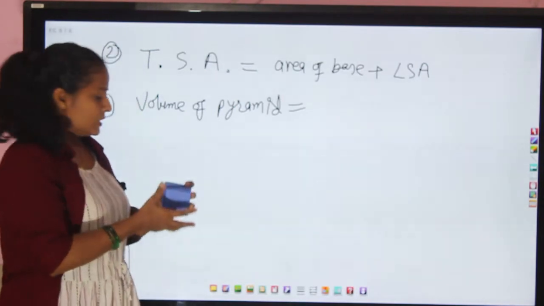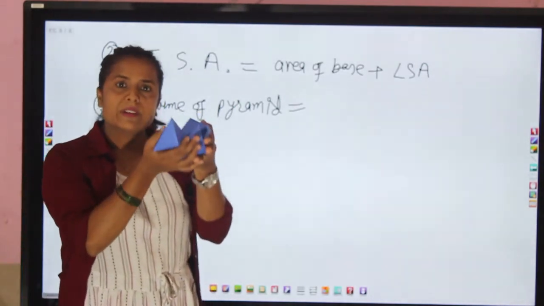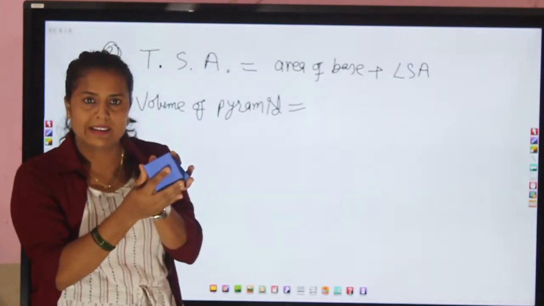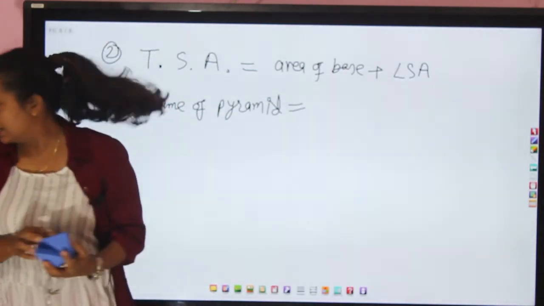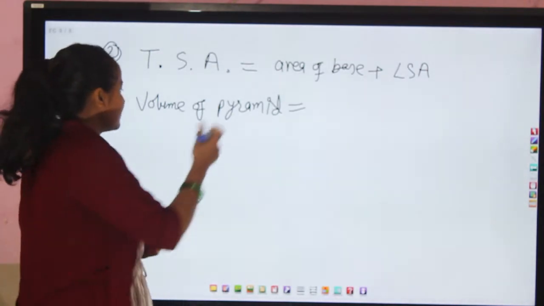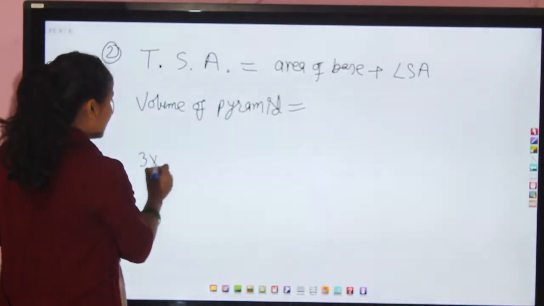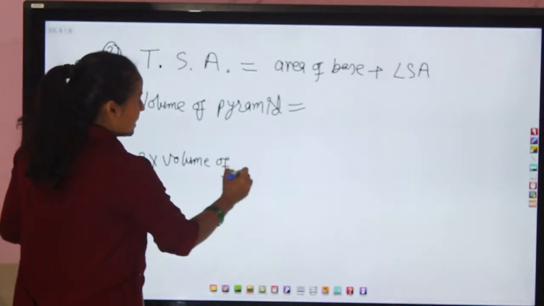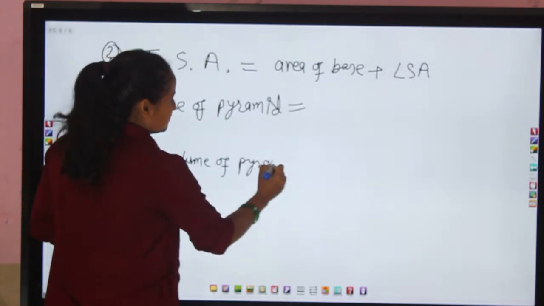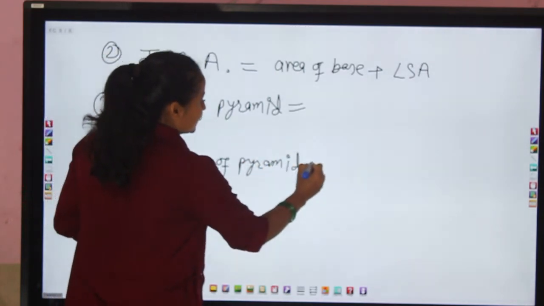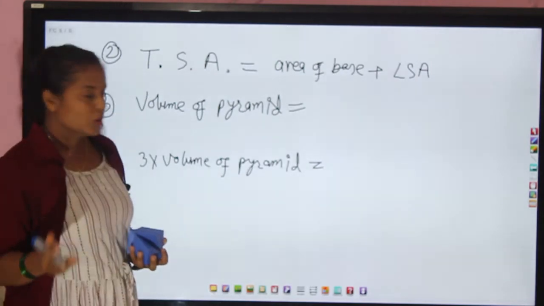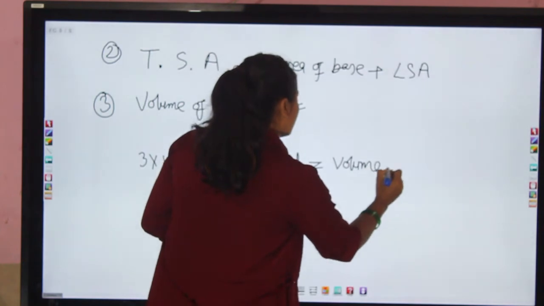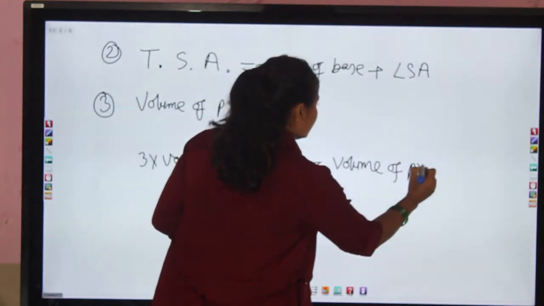That's why 3 times the volume of the pyramid is equal to the volume of the prism.